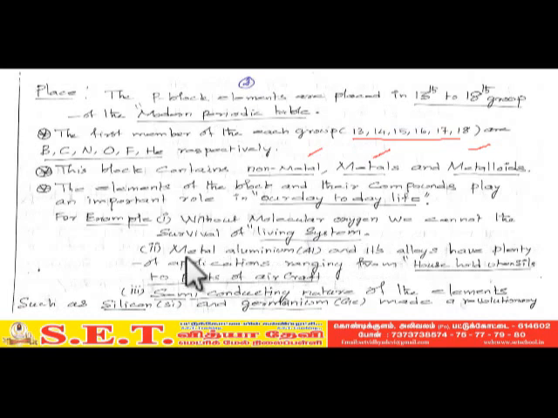And second, the metals and their alloys are used in plenty of applications, ranging from household utensils to parts of aircraft. The semiconducting nature of some elements like germanium and silicon made a revolutionary change in the electronics field.